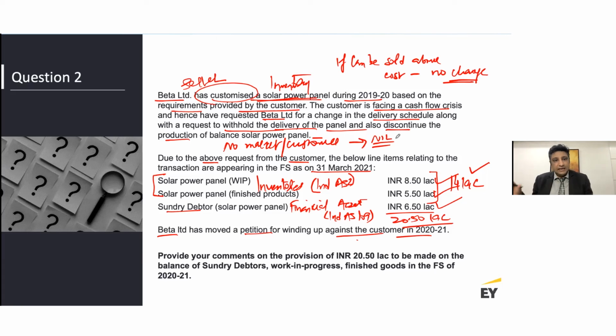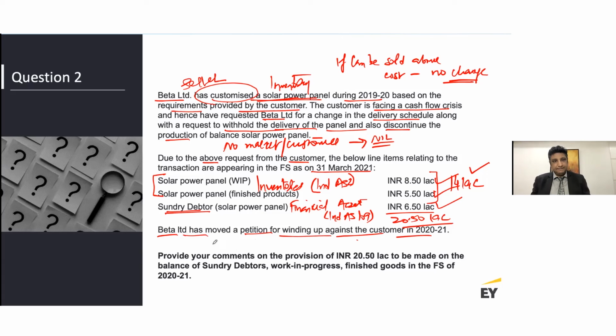All right. Now, on the other hand, if you look at the debtors, that's the receivable part, there's a clear indication since Beta Limited has moved a petition for winding up against the customer, it's a clear indication of an impairment of the receivable.